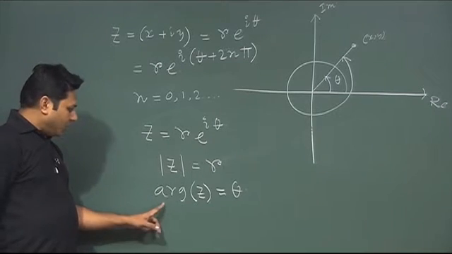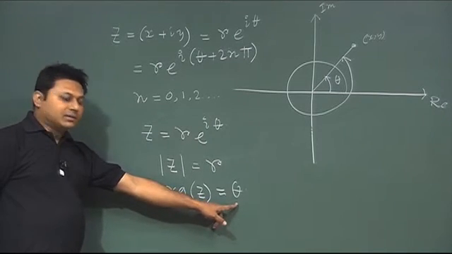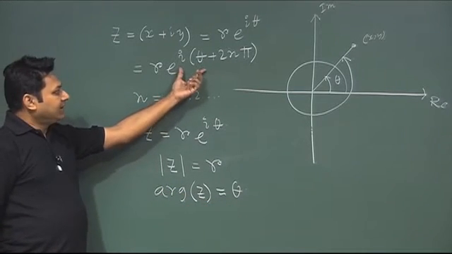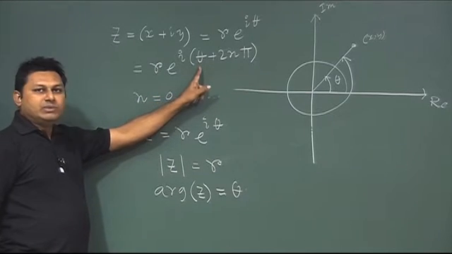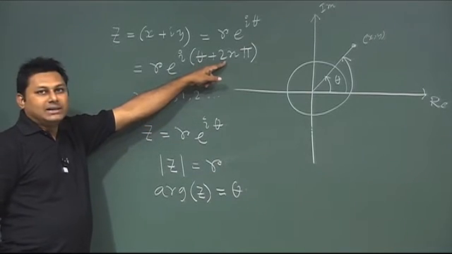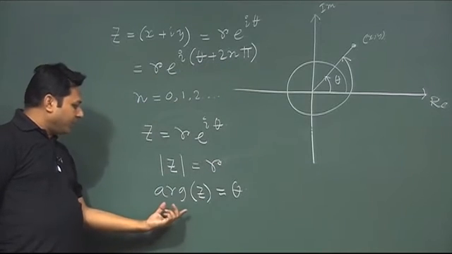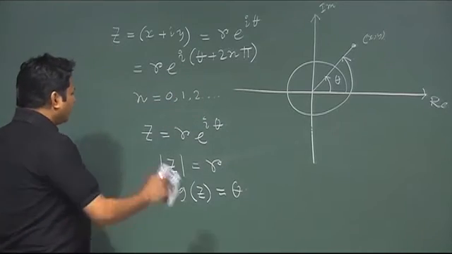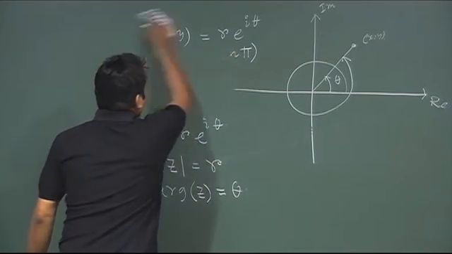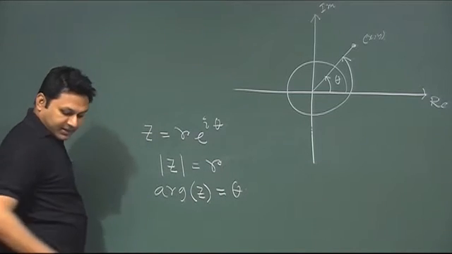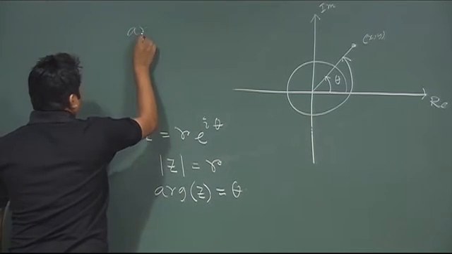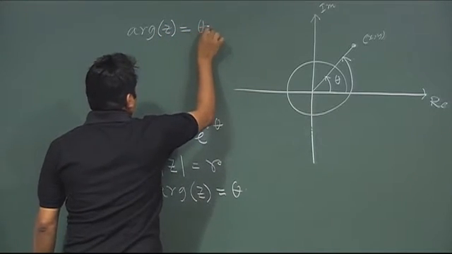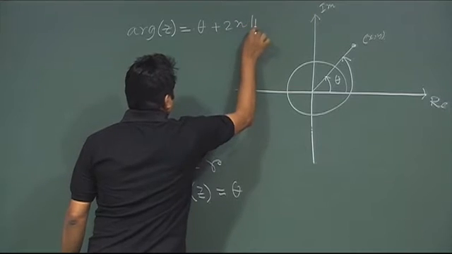Small argument of z I write as theta, but here I find that this theta is not unique, rather 2 n pi is added over that, and this 2 n pi again gives me the same point, that is why the uniqueness of theta is gone. So, that is why argument of z is represented as theta plus 2 n pi.